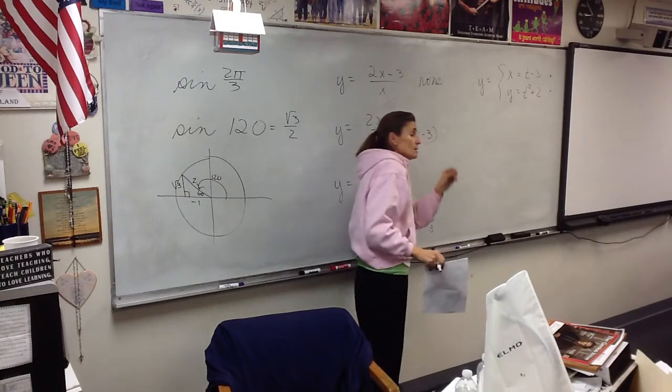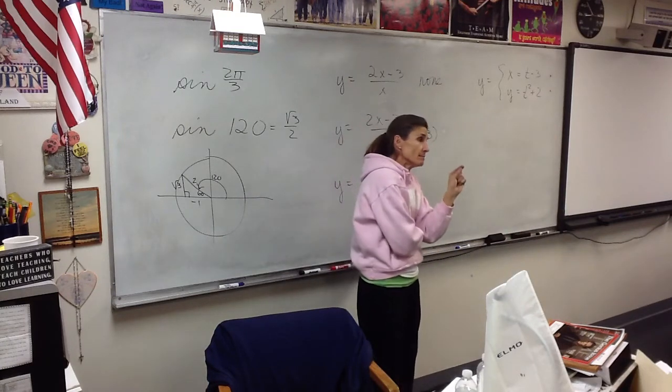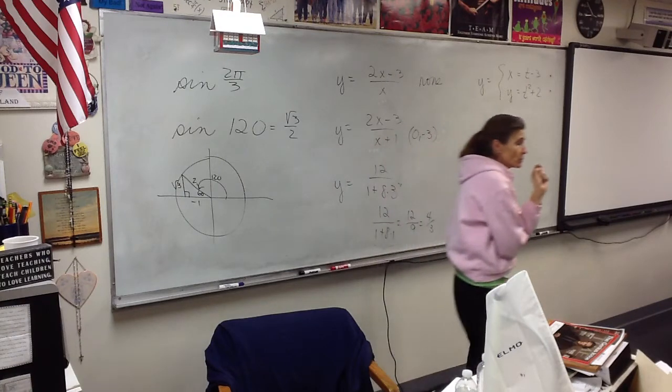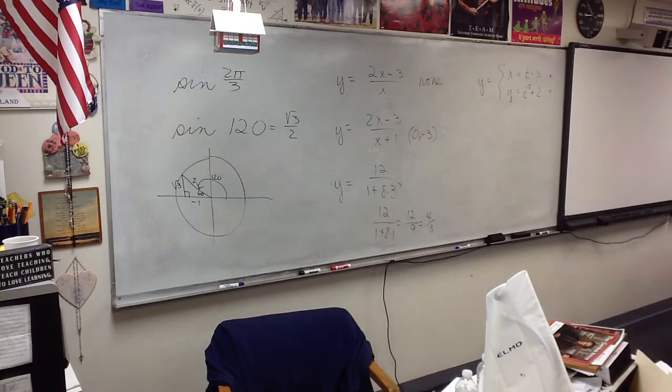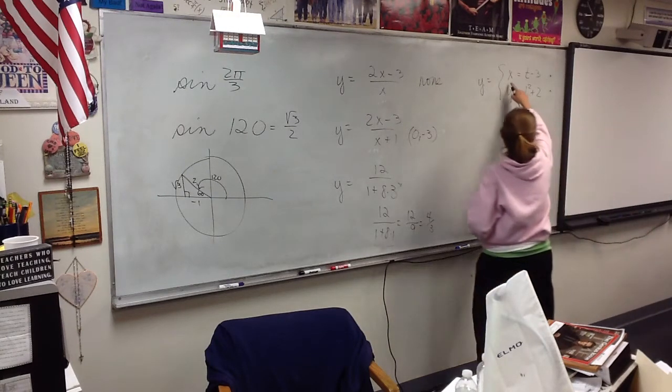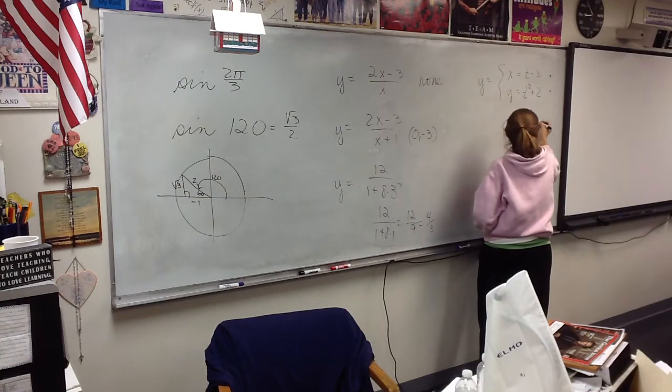Now, this looks scary. Don't you dare be confused. How do you find a y-intercept? Kids, I don't care what kind of equation you have. Doesn't matter. How do you always find a y-intercept? You let x be 0. So I'm going to come right up here and let x be 0.